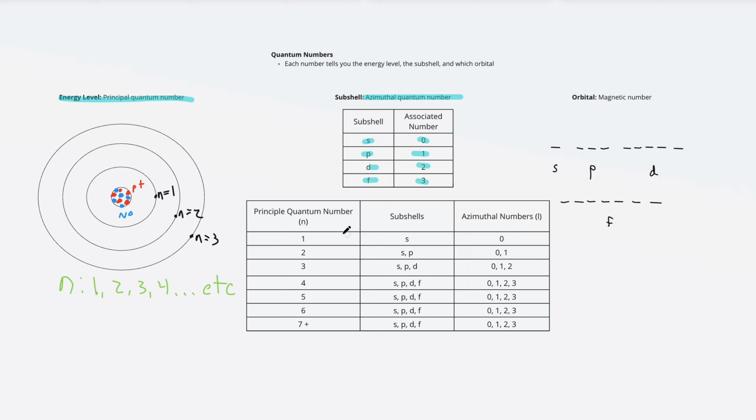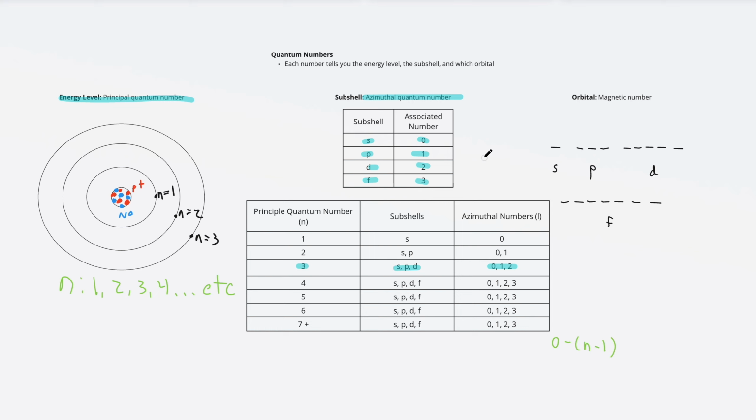And then you want to be thinking about your energy levels and what azimuthal numbers they contain. For example, let's just look at number 3. Energy level 3 has the S, P, and D subshells, so it contains the 0, 1, and 2 azimuthal numbers. And you might be familiar with seeing the equation 0 to n minus 1 to describe your azimuthal number.